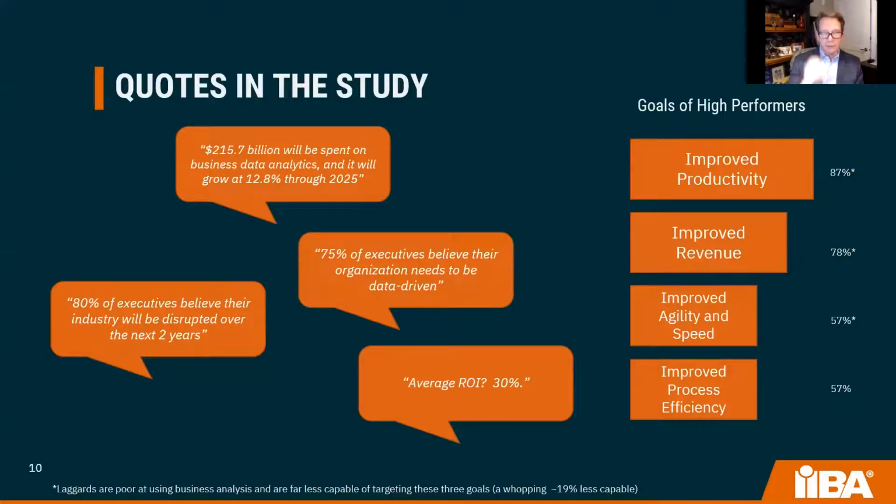I know everybody's got the bionic eyeballs. You can see the three little stars. Those three are the poor performers, the laggards, is what we found. Those organizations are terrible at achieving those three objectives. So because they're not using business analysis professionals to help drive a lot of this underlying focus on value and value realization, many organizations are not efficient at targeting those top three objectives.